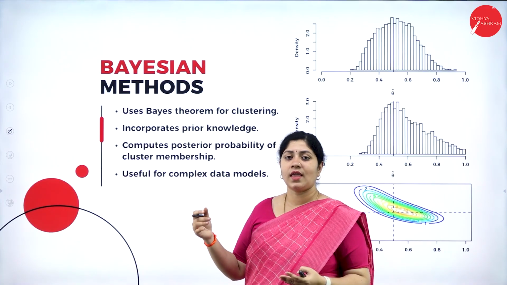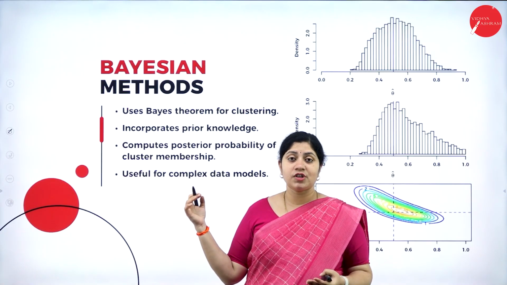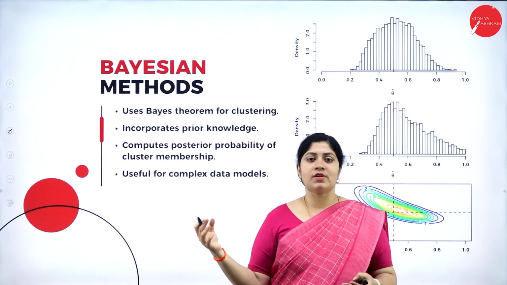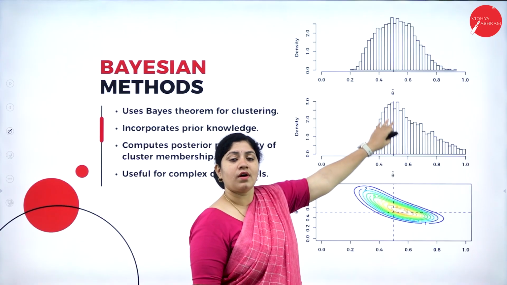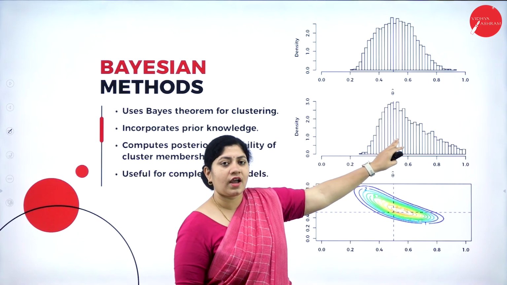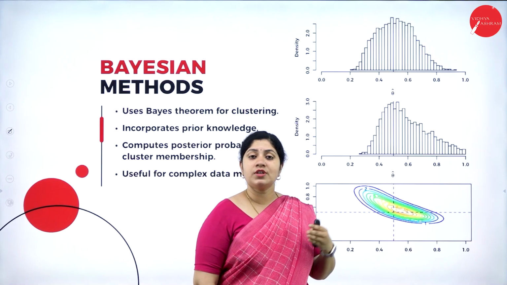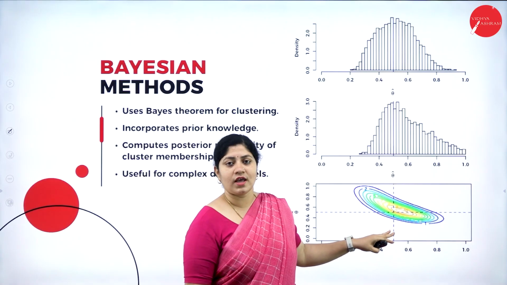By using them, we can calculate the posterior probability, which helps us in modeling complex data problems. Thus, we apply Bayes' theorem to our prior information, and with that we can calculate and represent the posterior probability values in a well visualized form.